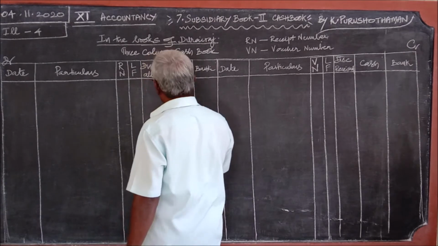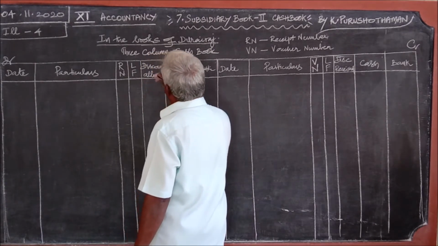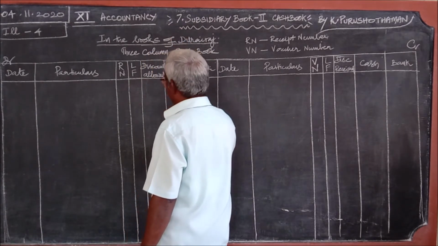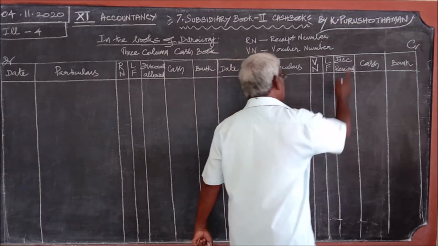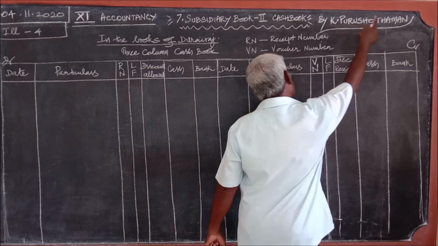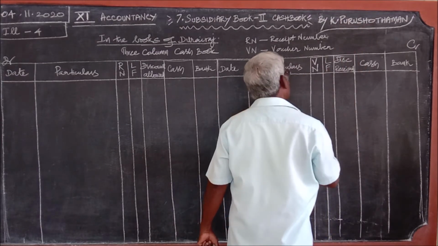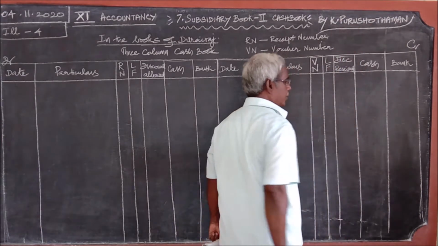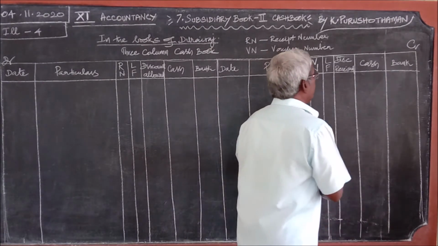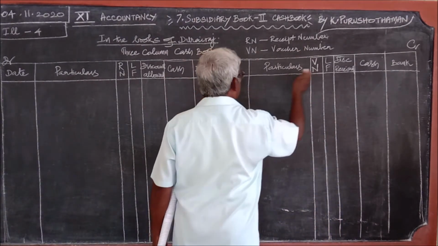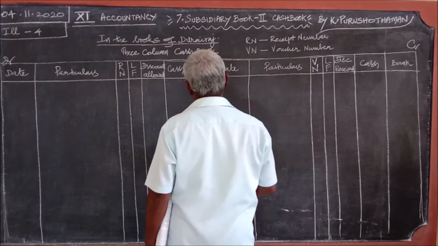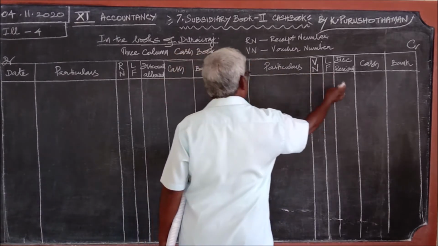When we receive the cash, we give some amount to the third person, customers, therefore we are allowing it. But when we pay the cash, the third parties will give us a discount, therefore this is discount received.